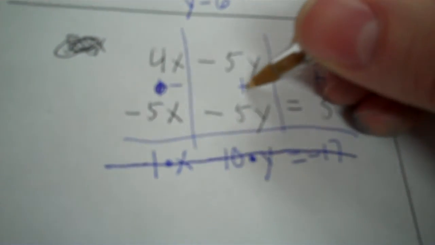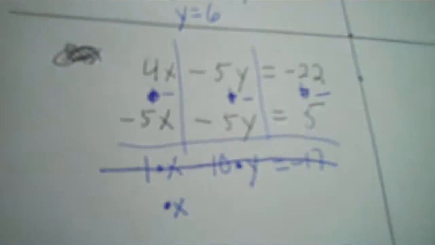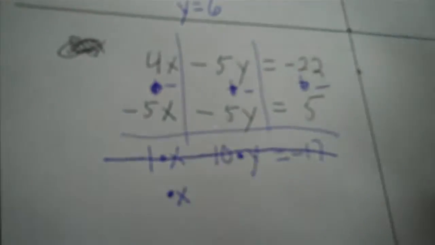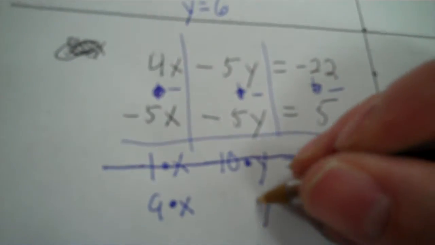So then you cross it out and then switch your pluses into minuses. Okay, so you write your x down again with the times. Now we're going to take 4 minus negative 5. That's 9. And I take negative 5 minus negative 5, and I got 0, so it's good.